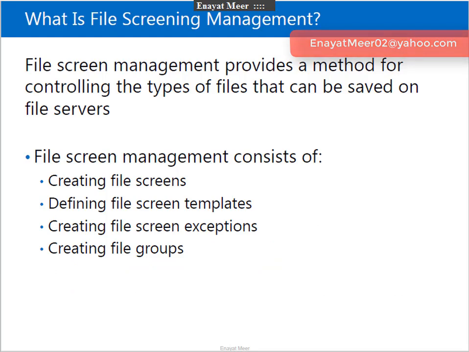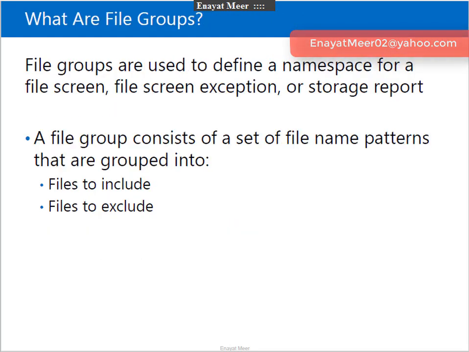File screen management provides a method for controlling the types of files that can be saved on a file server. File screen management consists of creating file screens, defining file screen templates, creating file screen exceptions, and creating file groups. File groups are used to define the namespace for a file screen, exception, or storage report.